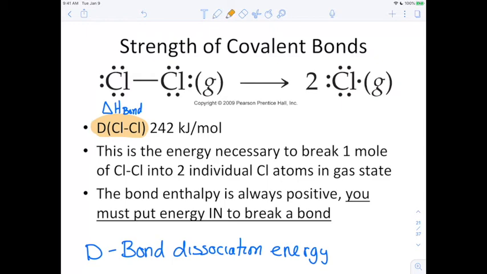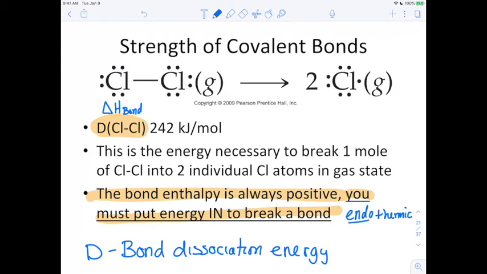And here's what we were talking about just a minute ago. Bond enthalpy is always positive. You must always put energy in to break a bond. Another way of saying this is that it's always endothermic. So if you can imagine taking your pencil, your stylus, whatever it is, and breaking it, no matter how weak that stylus is or that pencil is, it will always cost you some amount of energy to do it.